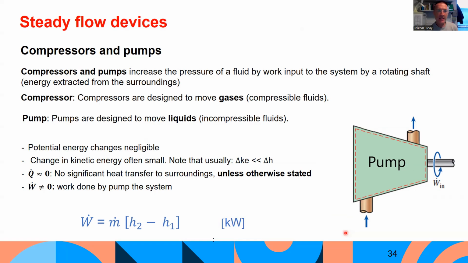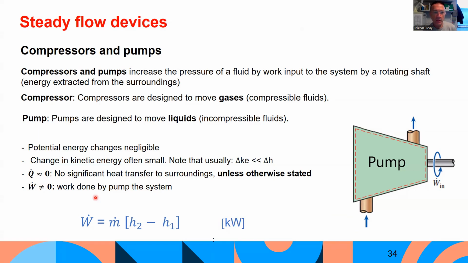And once again, the potential energy is regarded as negligible. There's no significant height difference from one side of the pump to the other. The change in kinetic energy is often small in comparison to the change in enthalpy. So we can consider whether we want to ignore it or not. The heat transfer rate is insignificant again, unless otherwise stated.